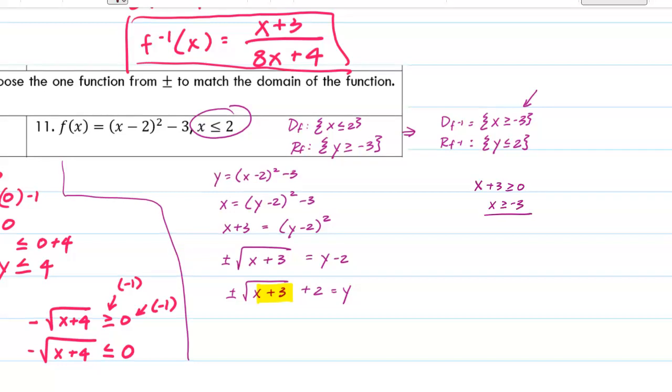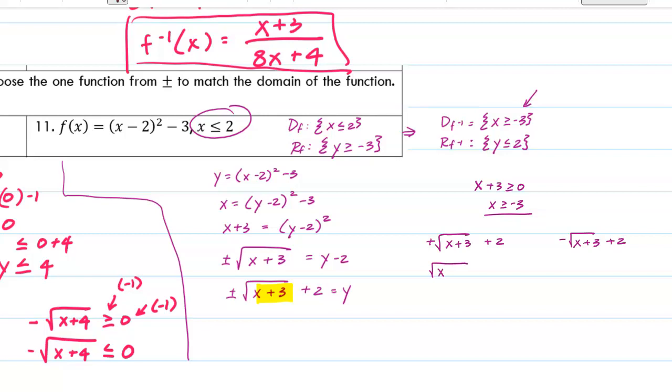Both of them are going to be that. But let's split them apart. One's going to be plus the square root of x plus 3, plus 2. And the other is going to be minus the square root of x plus 3, plus 2.